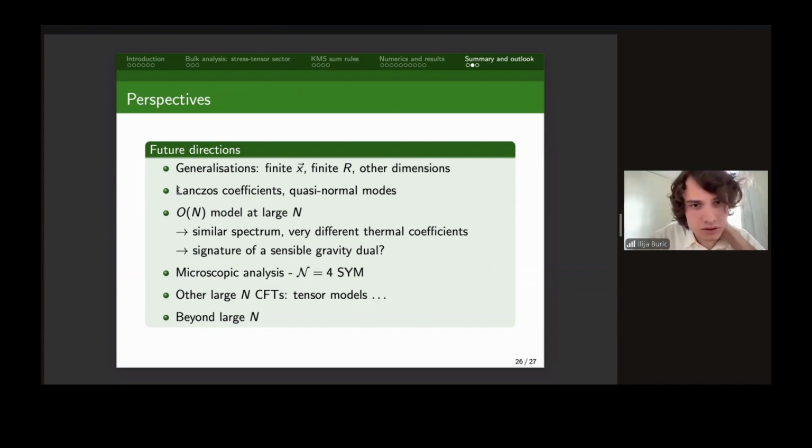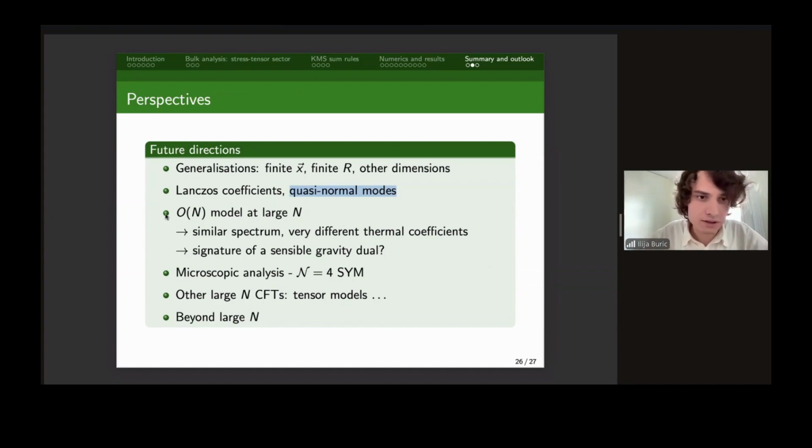So, there are some interesting questions. What can we learn from these 2-point functions? Can we compute Lanczos coefficients or quasi-normal modes? And this brings me back to the question in the introduction of signatures of holographic against non-holographic correlators.